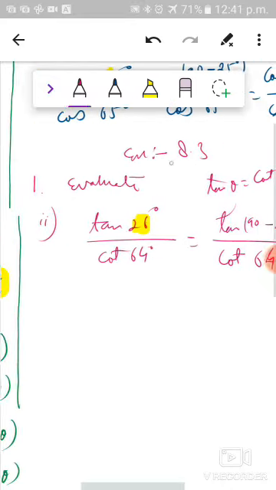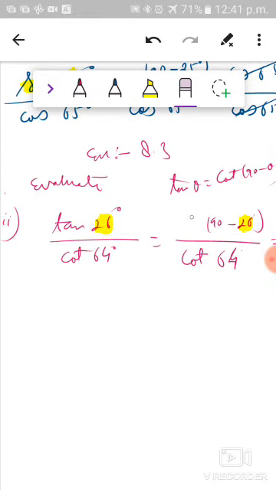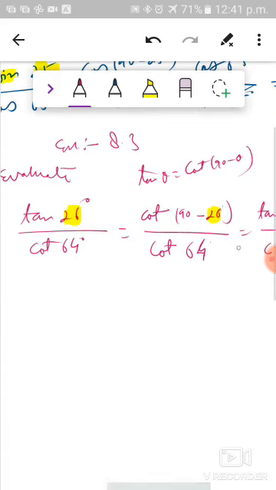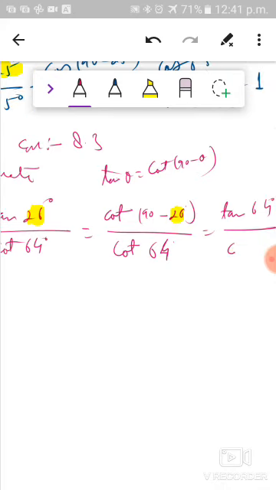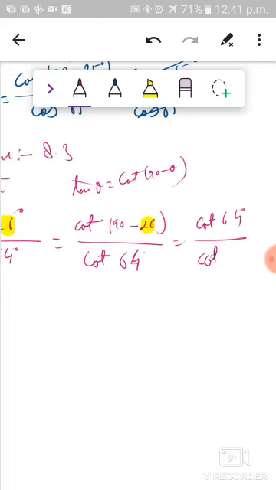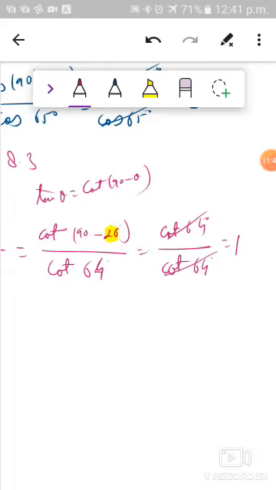Sorry, here cot is there, so that is cot 90 minus theta, that is cot 90 minus 26 degree. So in the denominator also cot 64 degree, so they cancel and the answer is 1.